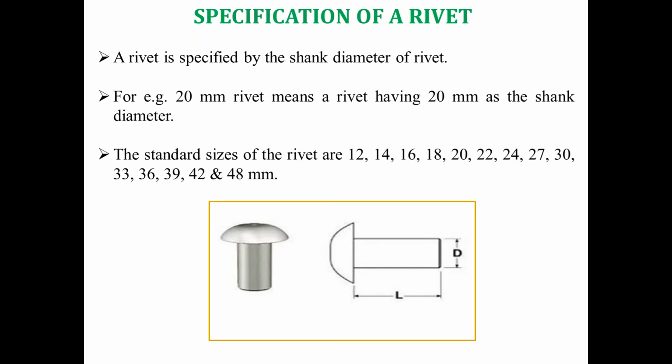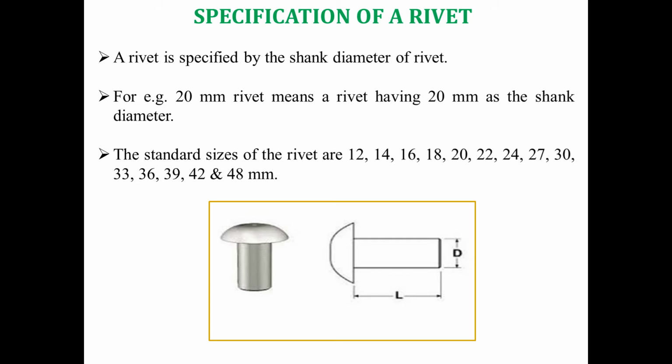Next topic is the specification of a rivet. What do I understand by the term specification? If you are a designer and you want to design a rivet, or you want to use a rivet in order to join two metallic parts, what will you do?